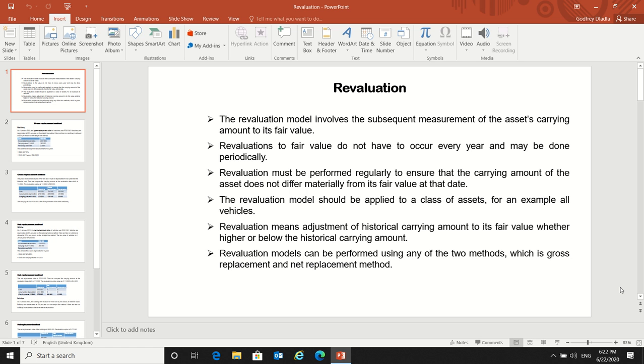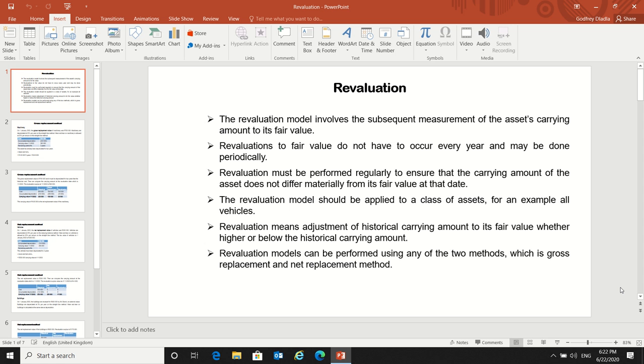Now, what you will appreciate is that you bought the house for 200,000, which was the cost. That appreciation in value from 200,000 to 300,000, meaning the increase of 100,000, is the revaluation.